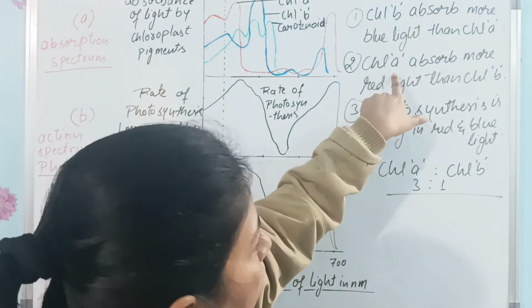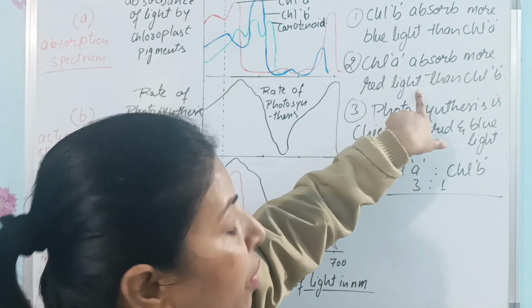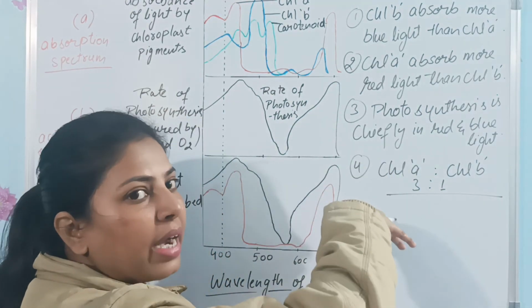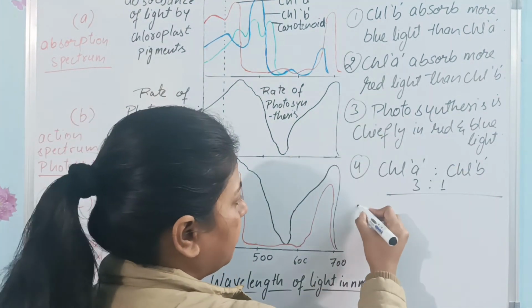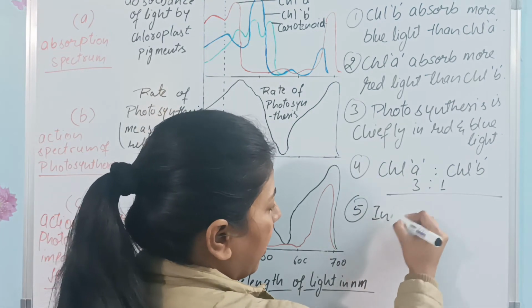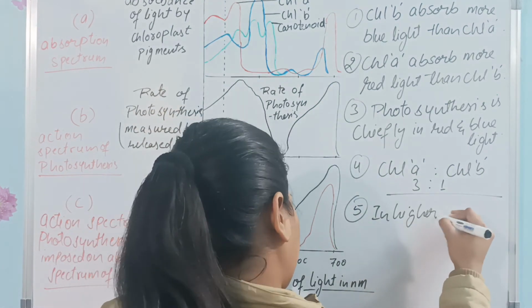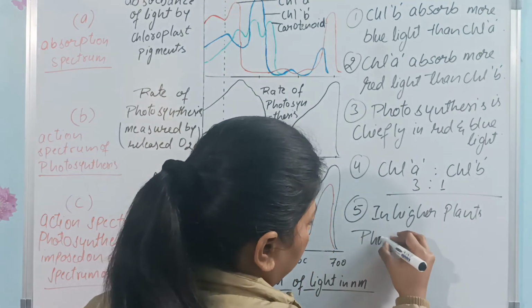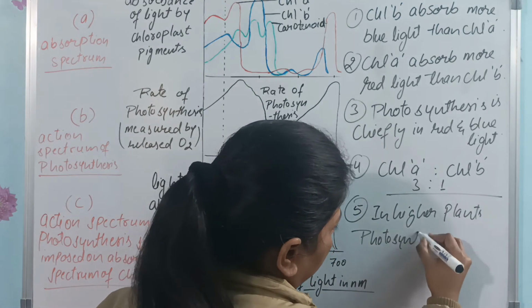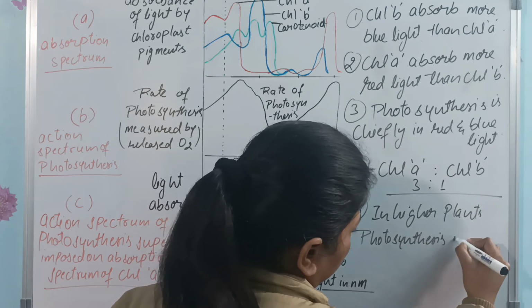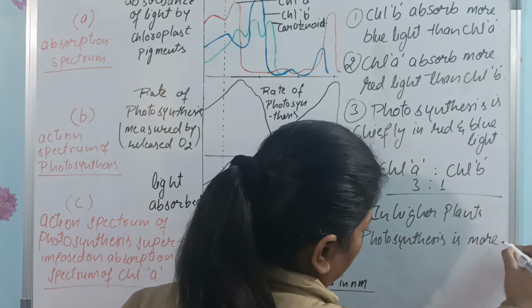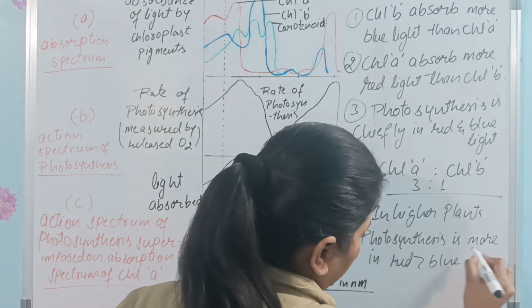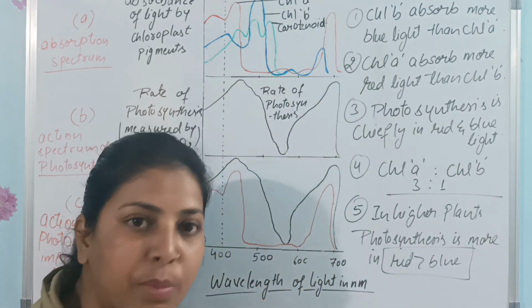That is A. A absorbs red light, that means photosynthesis is more in red light than blue light in higher plants, in the visible spectrum.